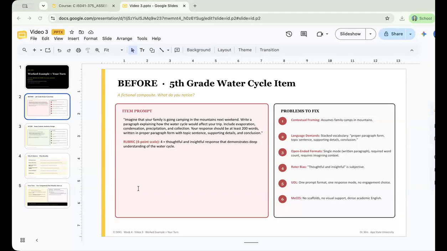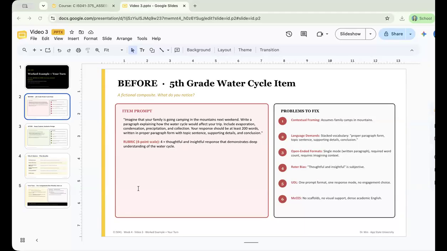Problem 6, MCCES. No visual support, no scaffolding, no word bank, dense academic English. A multilingual learner trying to access this item has to fight through several layers of language before they reach the science. 6 problems on a 5th grade science item.